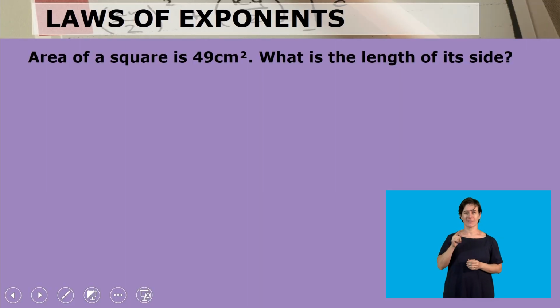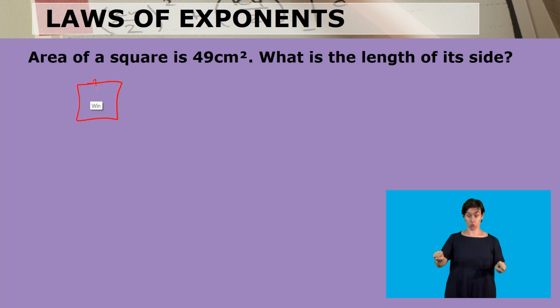Let's move on to the next one. Area of a square is 49 centimeters squared. What is the length of its side? Again, the diagram reminds us that a square has equal sides. So, area of a square is where we multiply length by breadth: A equals length multiplied by breadth.